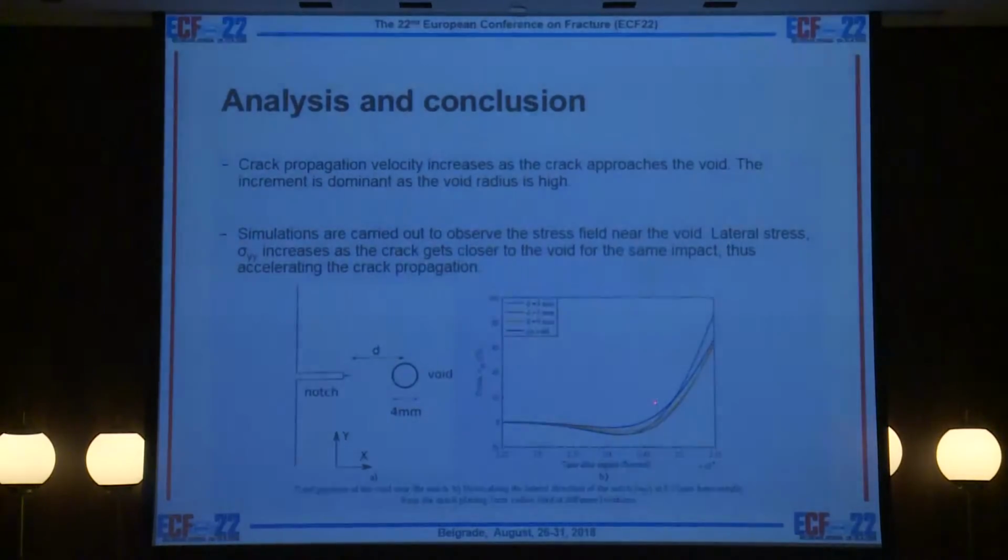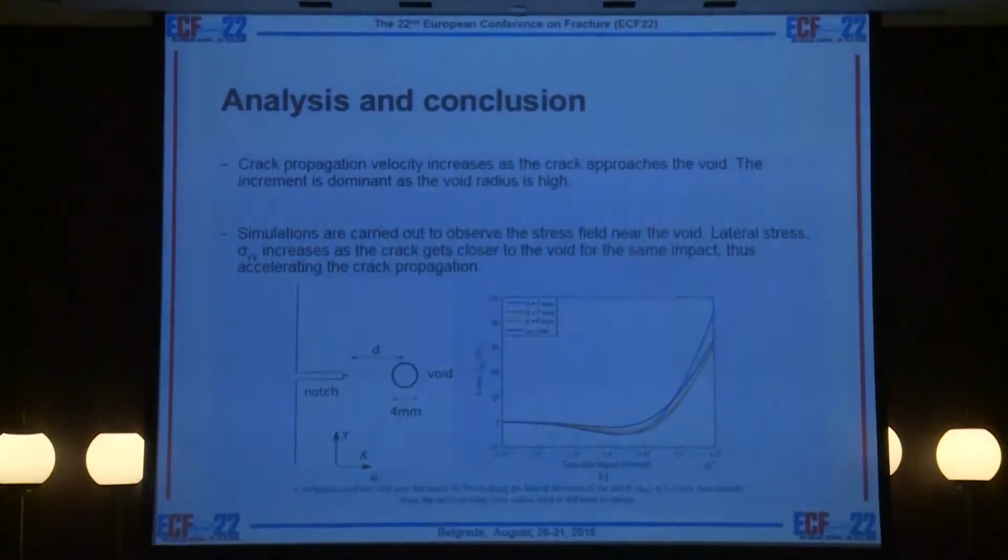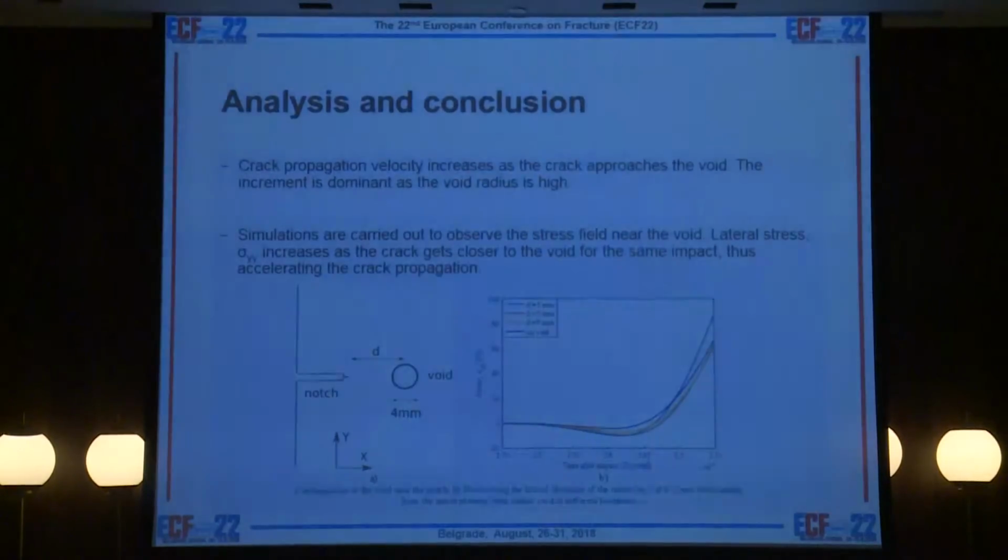As you can see here, when the distance is low, lateral stress is the highest. That is due to the deformation of the wavefront and less material as the void is getting closer to the notch.